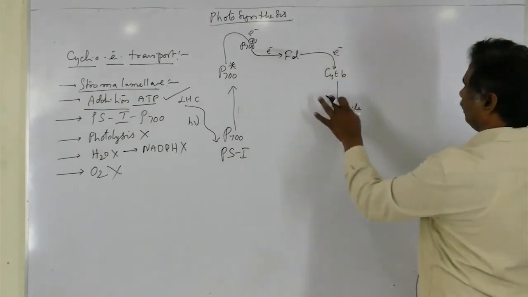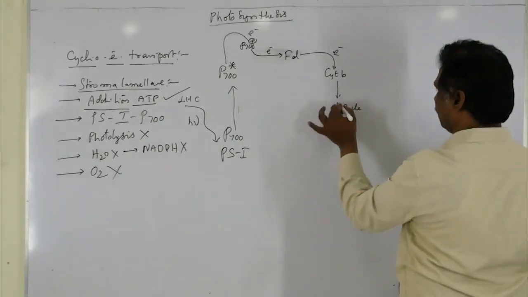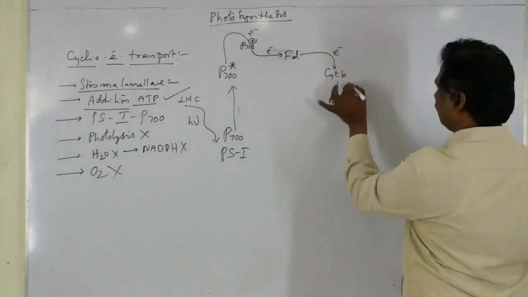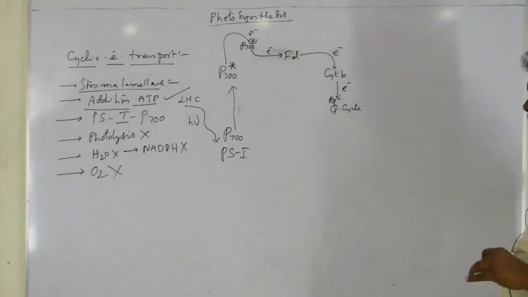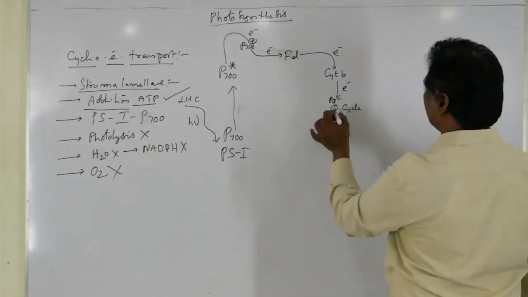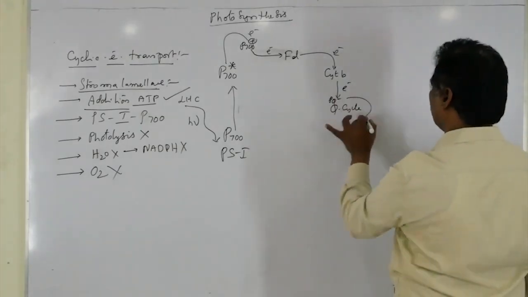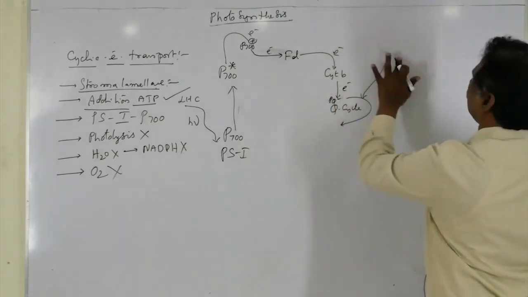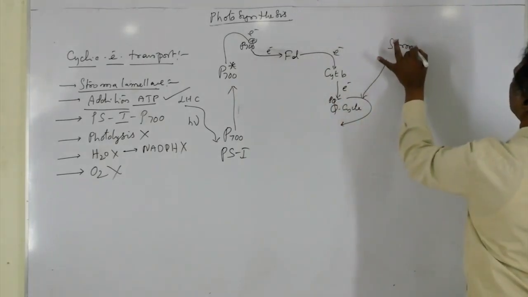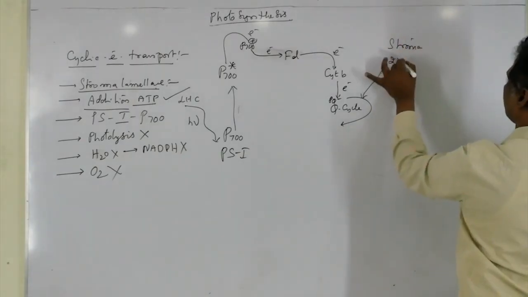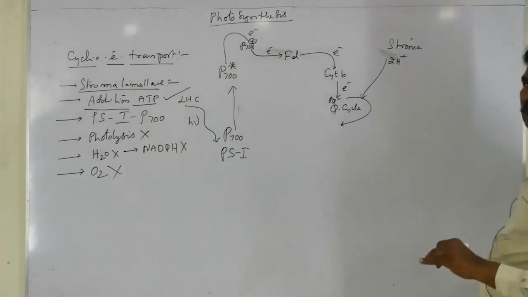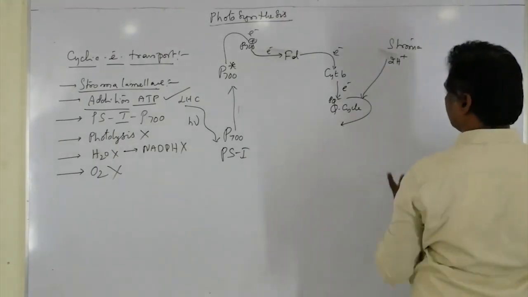In the Q cycle, plastosemiquinol, which is already in a partially reduced condition, accepts the electrons from cytochrome B and accepts 2 protons from the stroma.